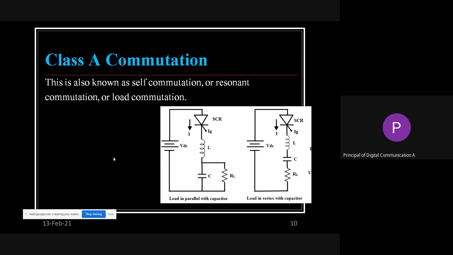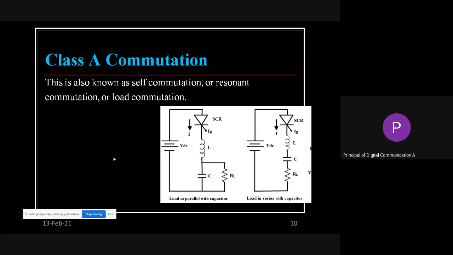So what are the steps you have noted down? First, the SCR should be made on. Second step, the capacitor charges up to plus VDC, that is the maximum input voltage.